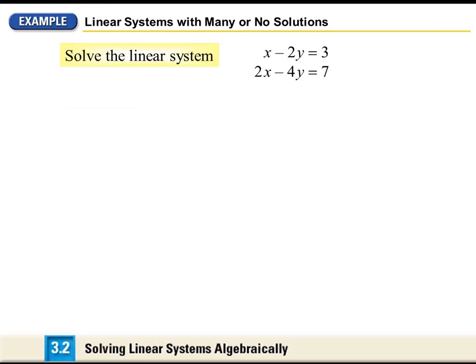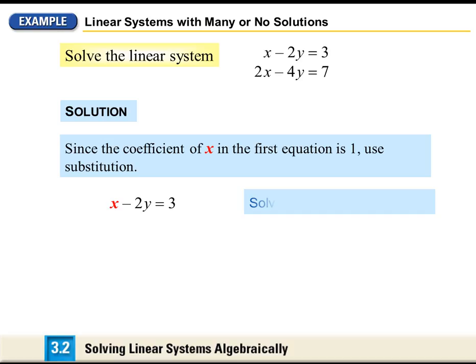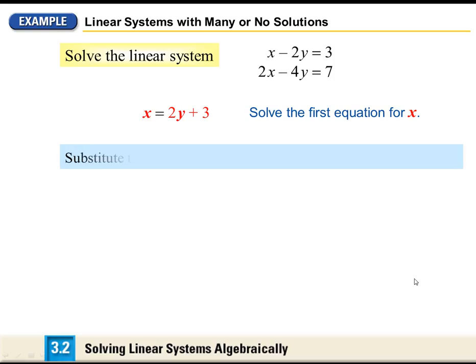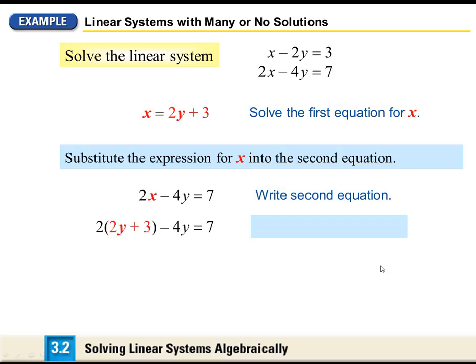Okay, now what about this one? I'll go real quick. If I isolate x in the top equation and substitute, something weird happens. When I substitute that into the bottom, look what happens. I get 4y plus 6 minus 4y equals 7. Well, 4y minus 4y, those y's cancel, and I get an answer that's weird.